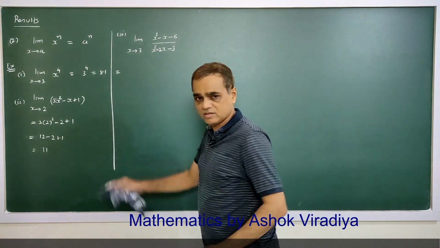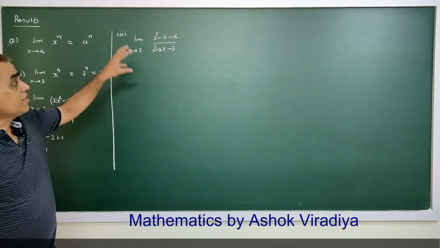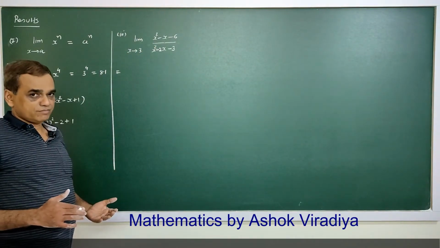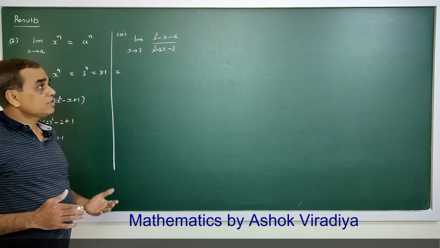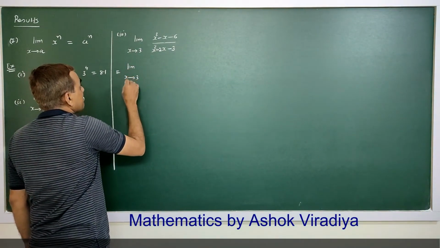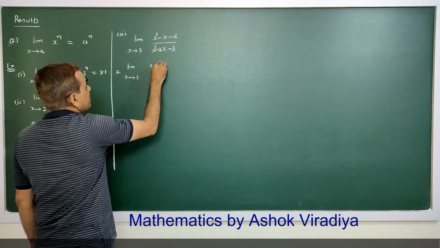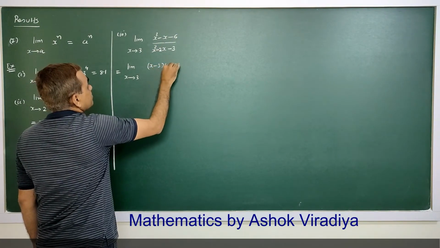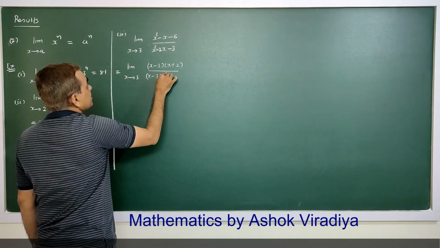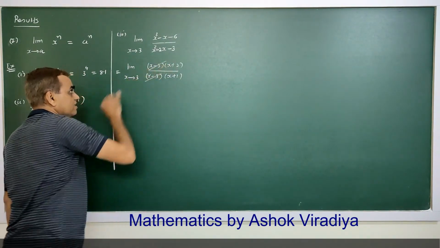First of all, we have to convert this rational function into simple form. Factorizing this, factors are x minus 3, x plus 2. Here factors are x minus 3, x plus 1. So this is cancelled.